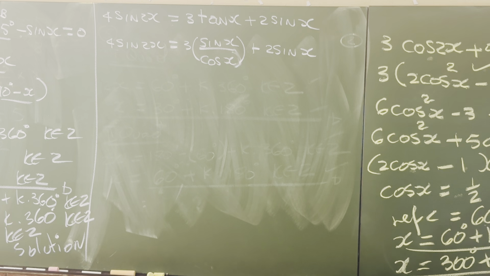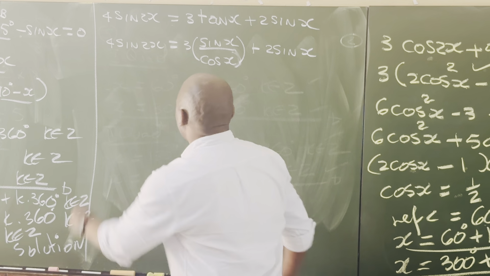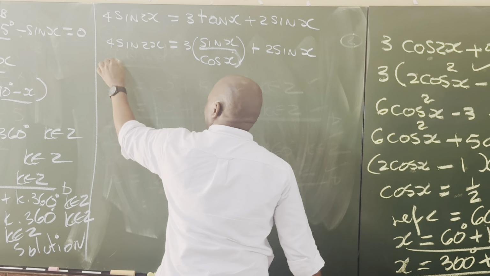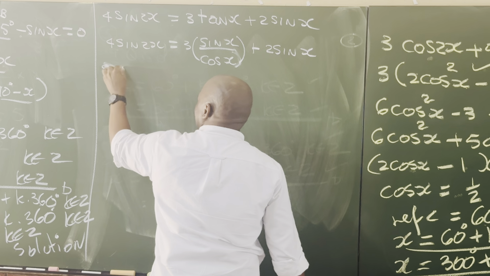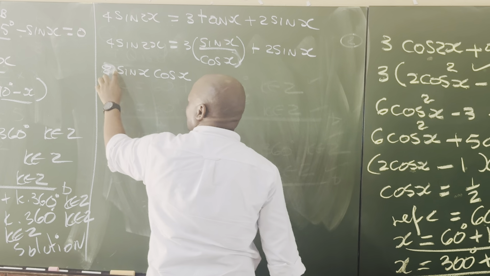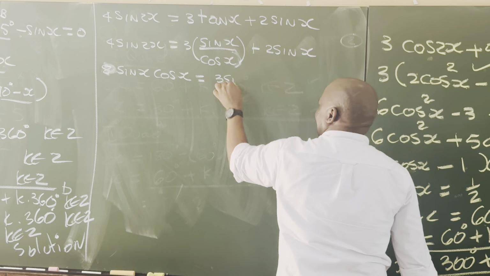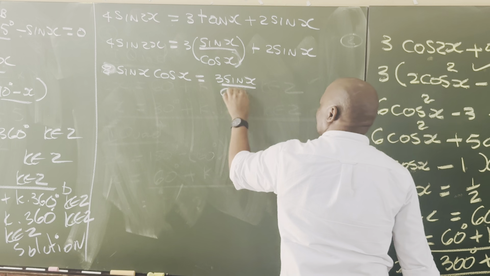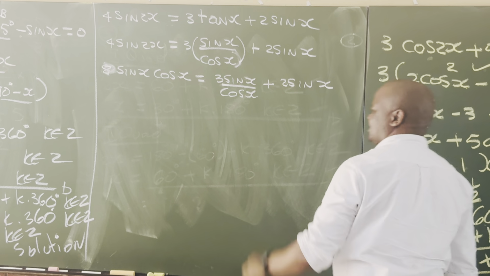And then change this one. Okay. So we have 4, which will become 8. So this will be 8 sine x cos x, because of this 2, it will be 8, equals 3 sine x over cos x plus 2 sine x.